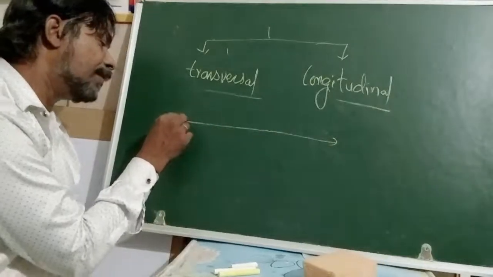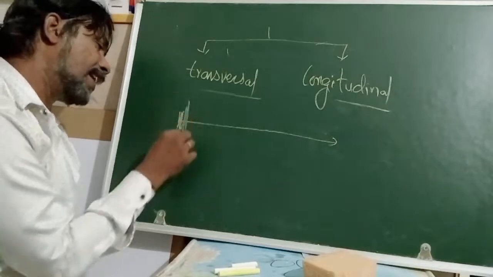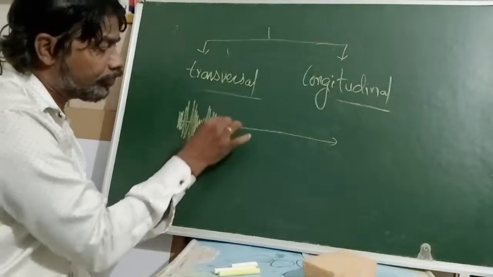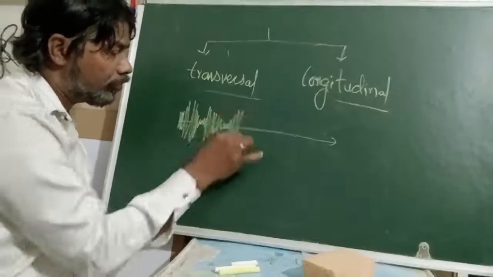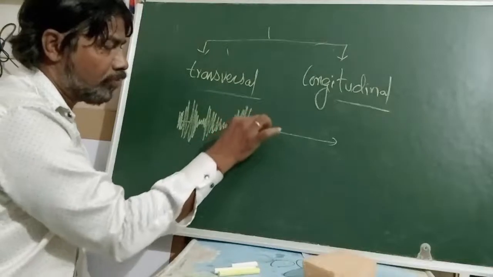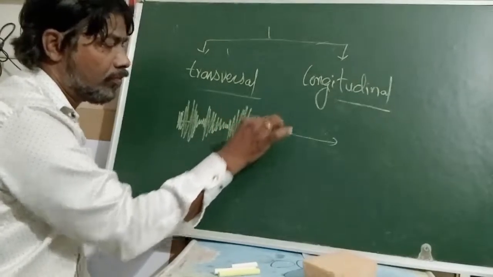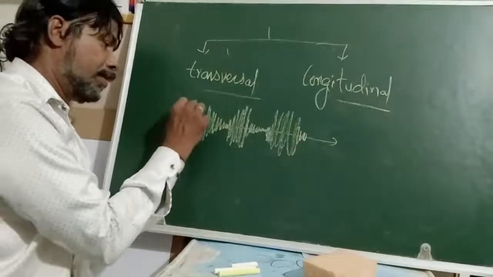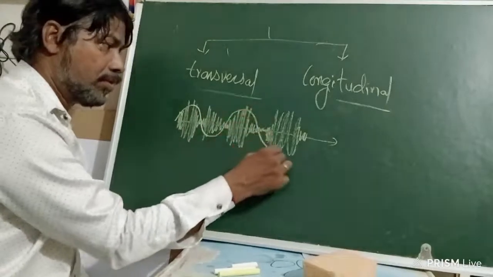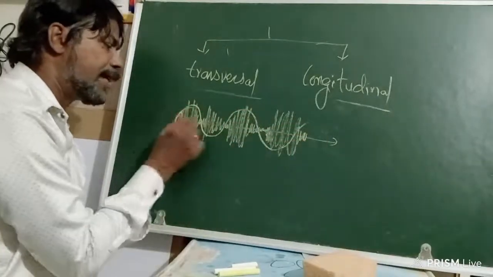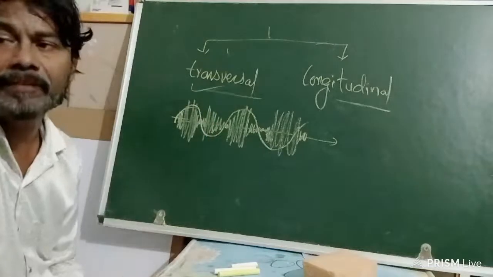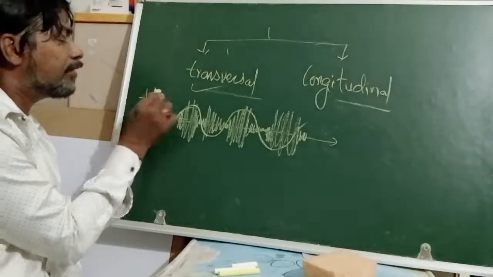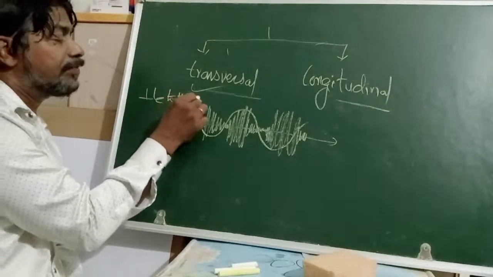If the particles are moving to and fro motion like this, this type of motion is called transversal motion, and the particles vibrate perpendicular to the motion of the wave.